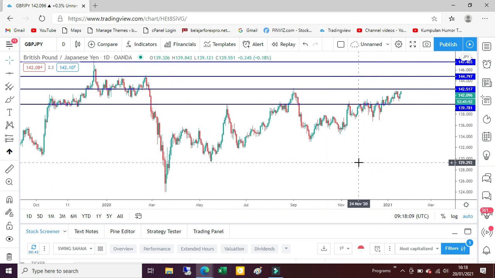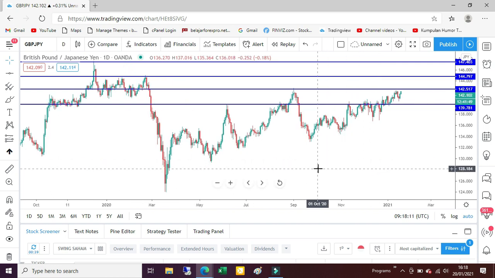Nah kemudian sekarang untuk melihat titik entry-nya, kita harus ke time frame yang lebih rendah.